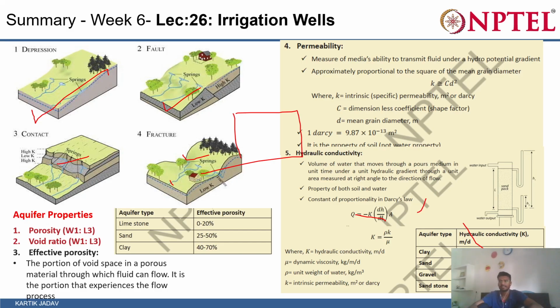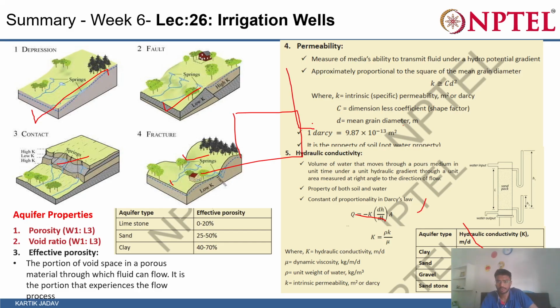For sand and gravel it is up to 1000 meter per day, while for clay it is 10 to the power minus 8 to 10 to the power minus 2 meter per day.